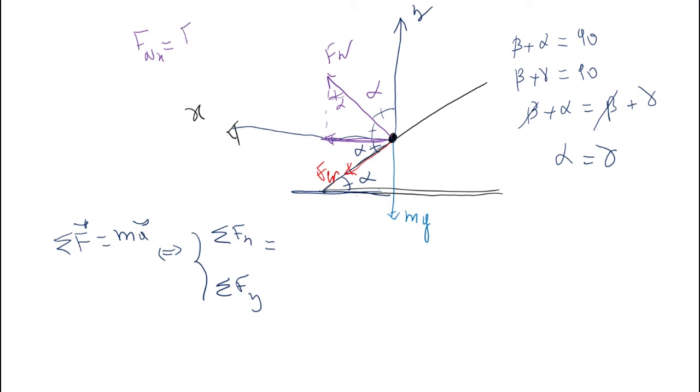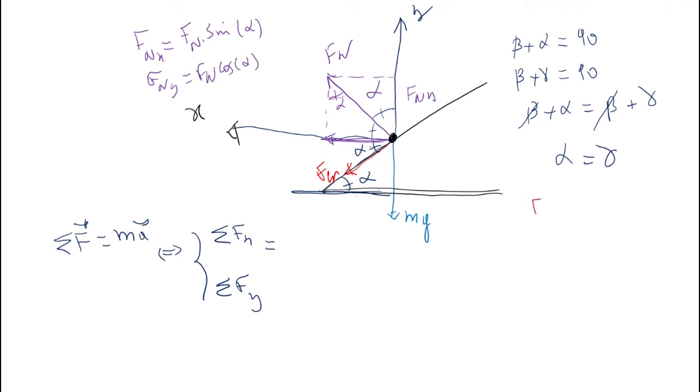For the vertical axis, Fny will be Fn cosine of alpha. Now I need to find the friction force.